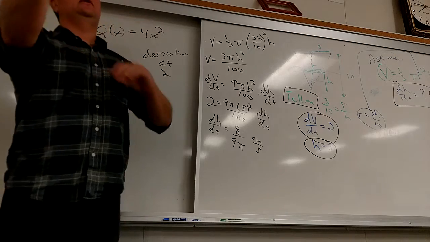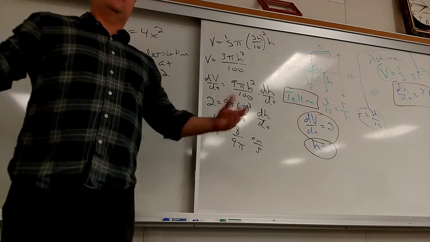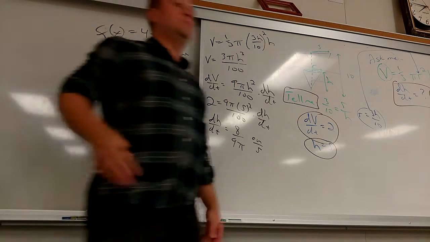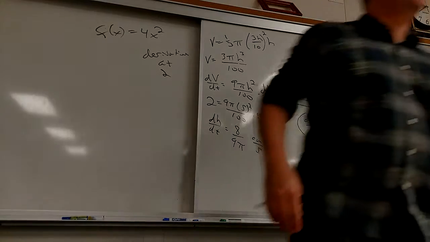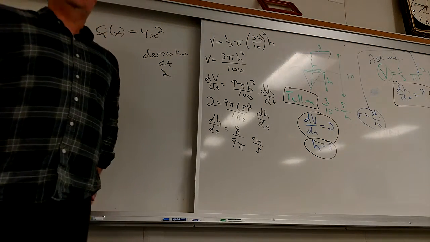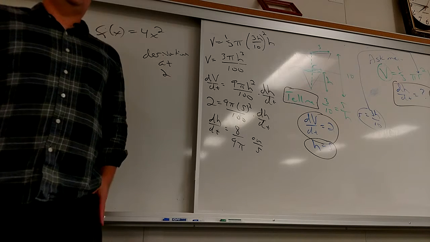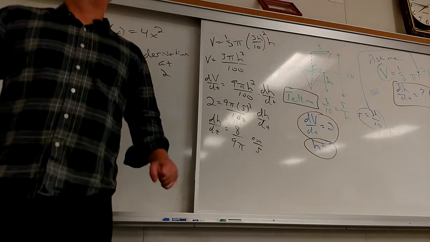Because it happens again in the optimization section, section 4.7. Find the maximum area of this thing or whatever, or the minimum cost. You guys are also allowed to ask follow-up questions. That's fine.